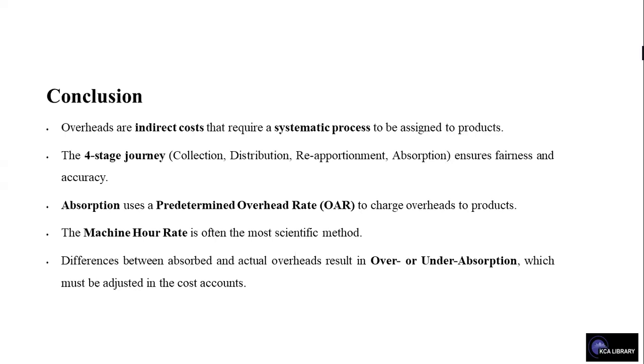Absorption uses a predetermined overhead rate to charge overhead to product, and the machine hour rate is often the most scientific method. Differences between absorbed and actual overhead result in over or under absorption, which must be adjusted in the cost account.